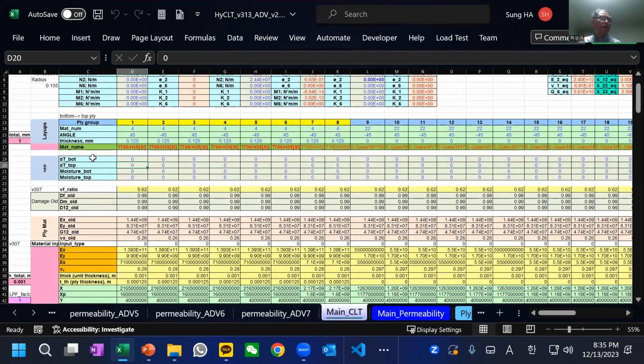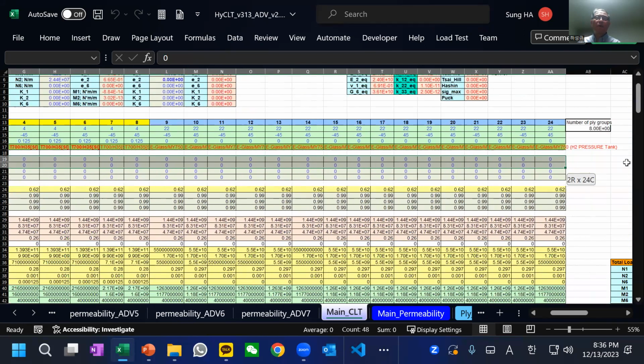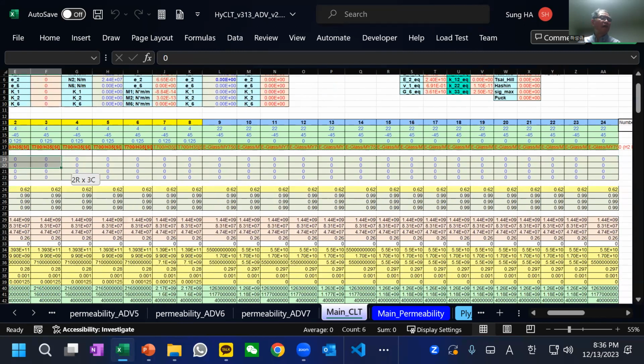There you can specify the temperature in each ply, top and bottom, simply delta T bottom, delta T top. No need to assign the reference, just the delta T top and bottom, from the bottom to top all the way. As you can see, these values are input.